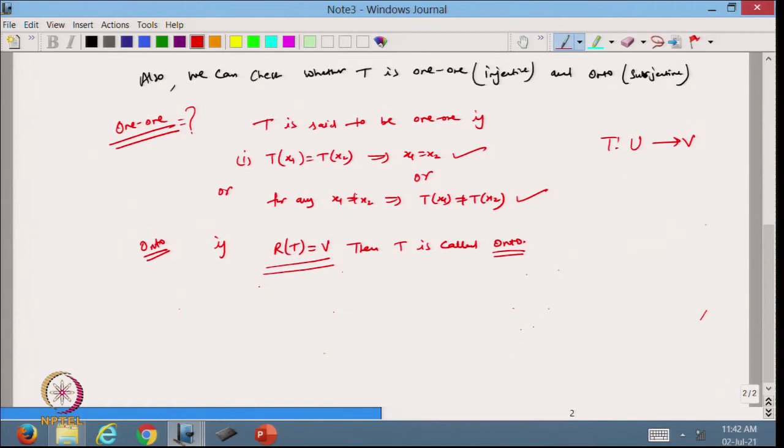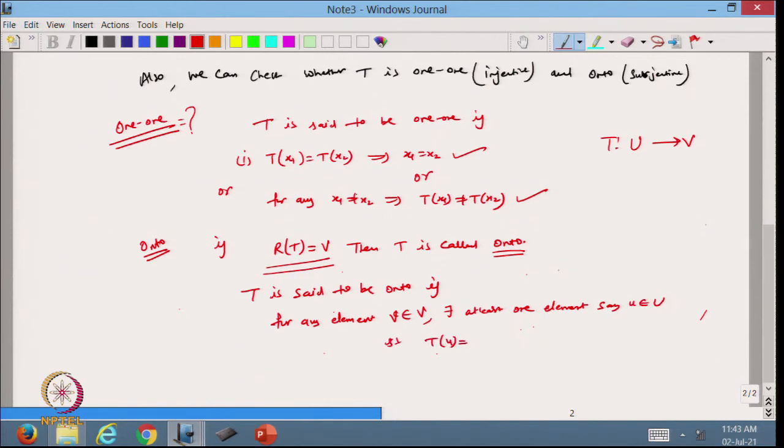How to check? We can say that T is said to be onto if for any element v belonging to V, there exists at least one element, say u belonging to U, such that T of u is equal to v.